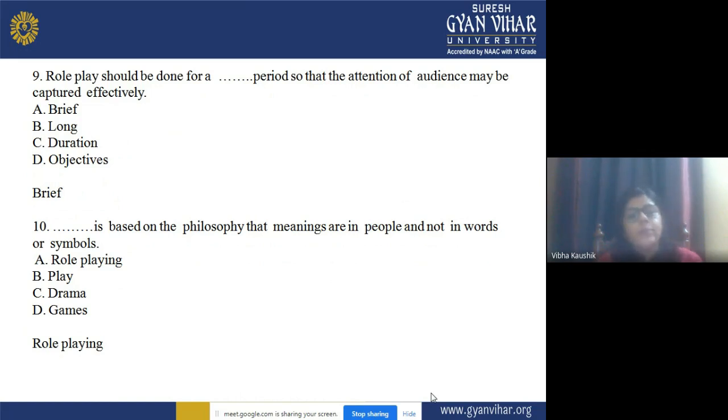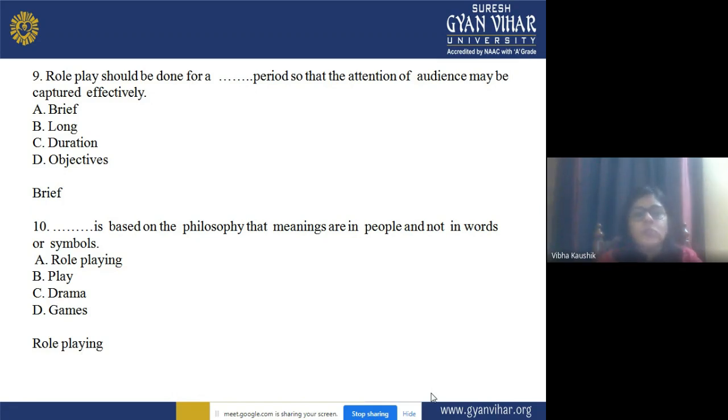Now the 10th one: dash is based on the philosophy that meanings are in people and not in words or symbols. Which method is based on the philosophy that meanings are in people and not in the words or symbols used by the characters?